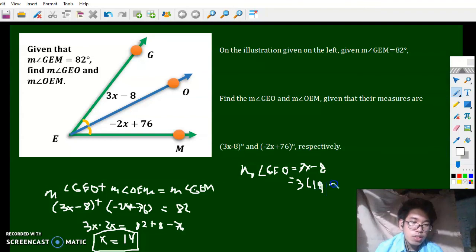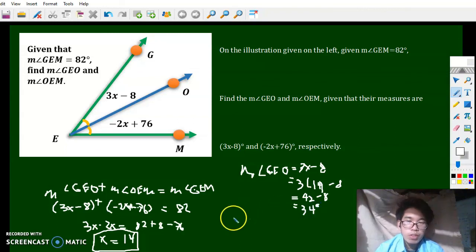What's 3 times 14? That's simply 42. 42 minus 8 is 34. So that means the measurement of angle GEO is 34 degrees.